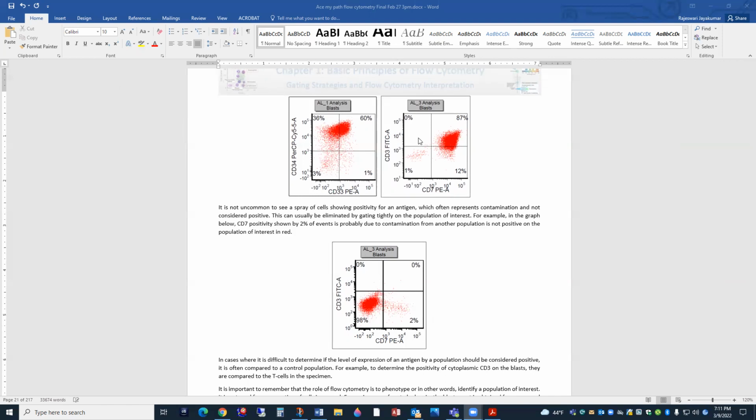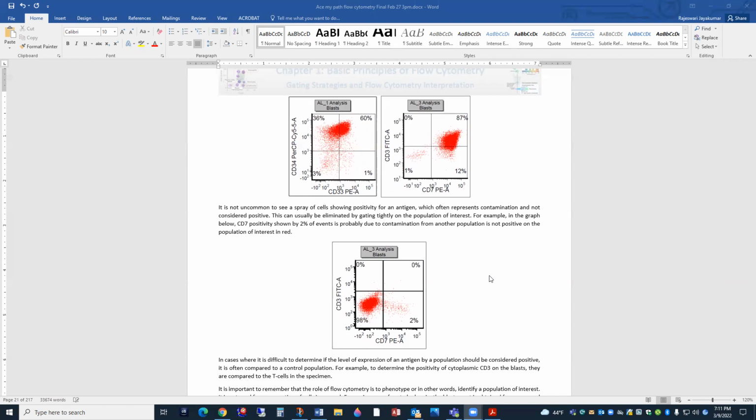You can pull that into a plot, and if this matches the intensity of the CD3 of your T cells, then you can call it positive. If it is not matching, then you can call it negative. So that relative expression also helps sometimes. We often use that for cytoplasmic CD3 or cytoplasmic MPO, because those markers tend to be more noisy and can have an artifactual appearance of being positive. So we often compare them with the normal neutrophils or T cells in the background to decide whether it is positive or negative.